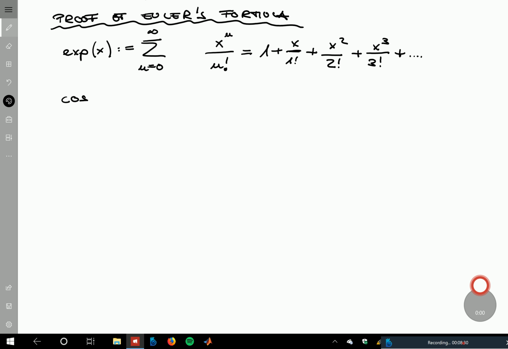The cosine and the sine are defined fairly similarly. However, they actually have this minus 1 to the power of n factor there. So remember that the cosine uses, if you want to call it that, the even numbers.